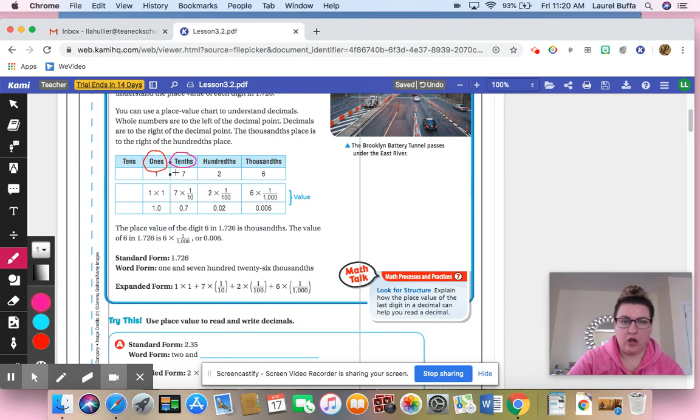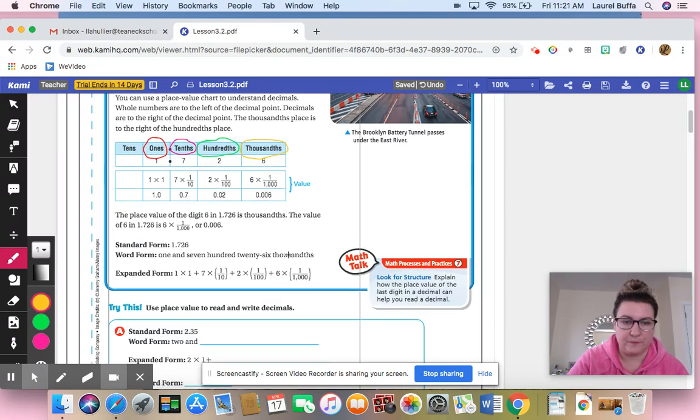Two places to the right of the decimal point represents hundredths. And three places to the right of the decimal place represents thousandths. So this is going to be very important as we complete the work in lesson 3.2.